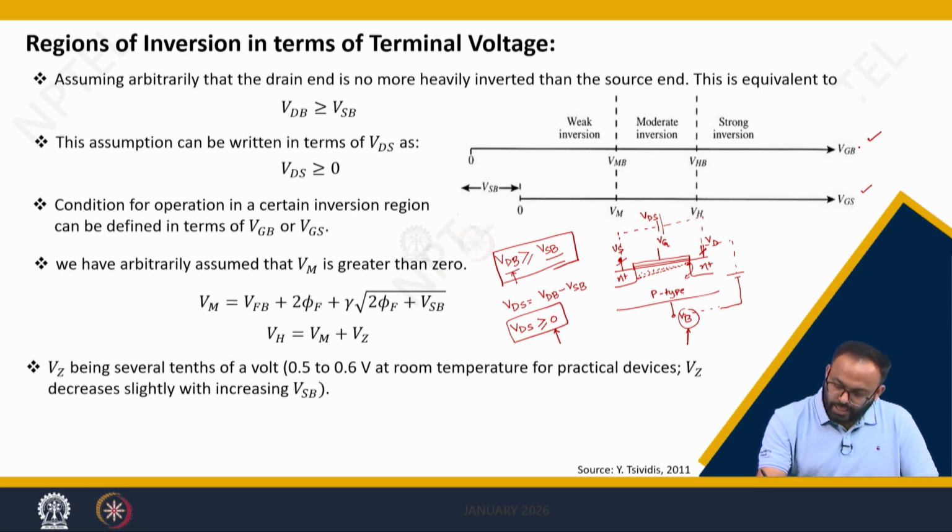For example, if you are representing every terminal voltage with respect to body as a reference, then VMB is a well defined value from our previous lecture, as the onset of moderate inversion and onset of strong inversion, or the maximum point of the weak inversion and the maximum point of the moderate inversion, where VMB is nothing but V flat band voltage plus phi naught plus VSB plus gamma times the square root of phi naught plus VSB.